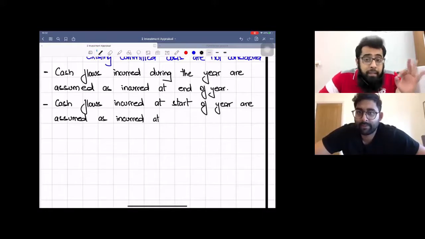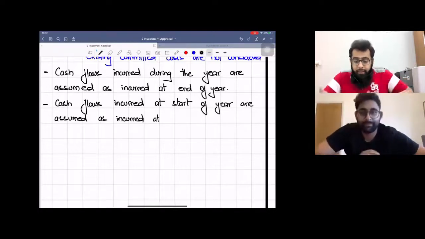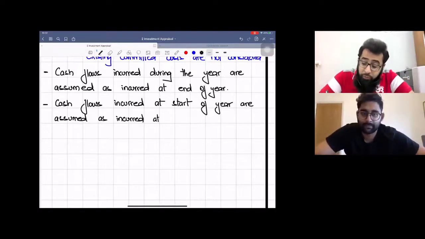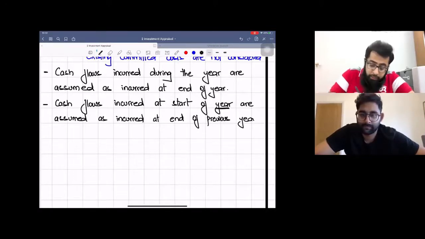We show them as incurred at year 0, and in year 0 we use a discount factor of 1. So one is cash flows incurred at start of year, assumed as incurred at end of previous year, and one is cash flows incurred at start of project.